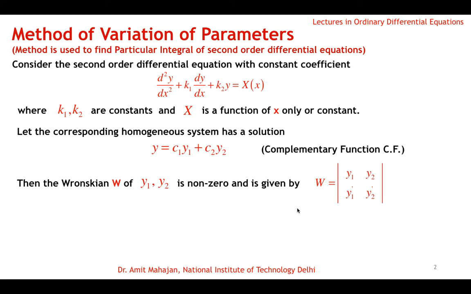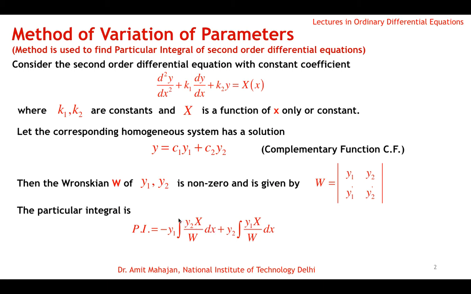And so the particular integral by the method of variation of parameters can be calculated by this formula: the particular integral is equal to minus y1 times the integral of y2 X over Wronskian dx, plus y2 times the integral of y1 X over Wronskian dx. Here y1 and y2 are known because they are calculated in the complementary function, capital X is the right hand side function, and the Wronskian we can calculate as the determinant of y1 y2, y1 dash y2 dash.